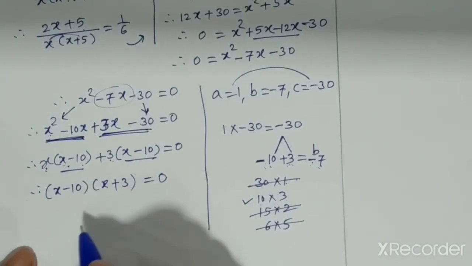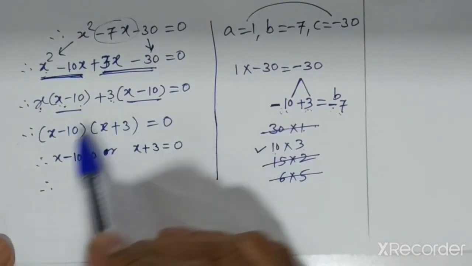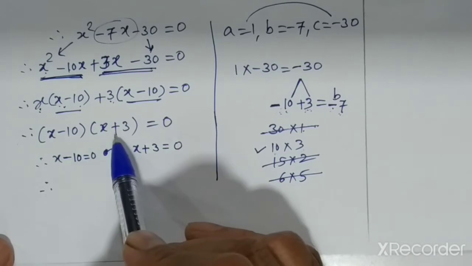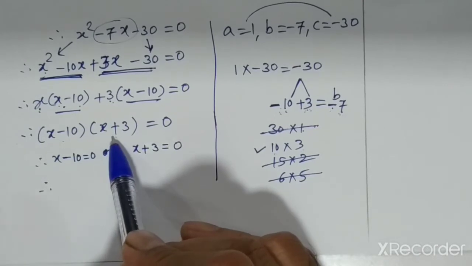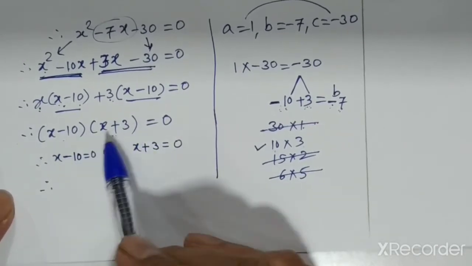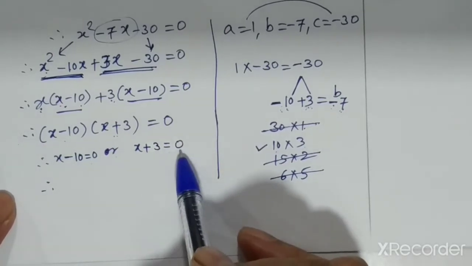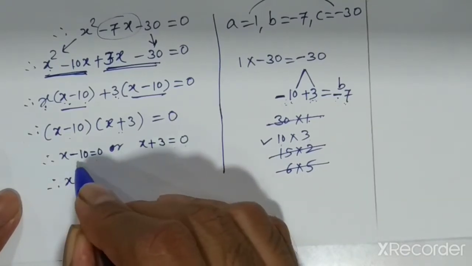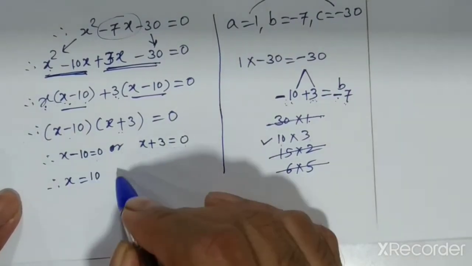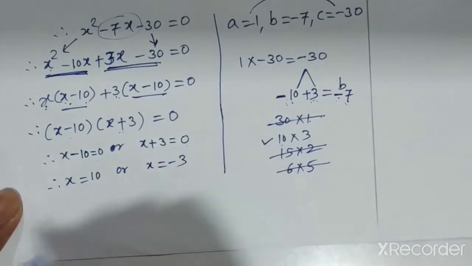Here the product of 2 brackets is 0. So x minus 10 is 0 or x plus 3 is equal to 0. Now solve this. X is equal to, take this minus 10 to the right hand side, it becomes plus, or here minus 3 to the right hand side, it becomes minus.